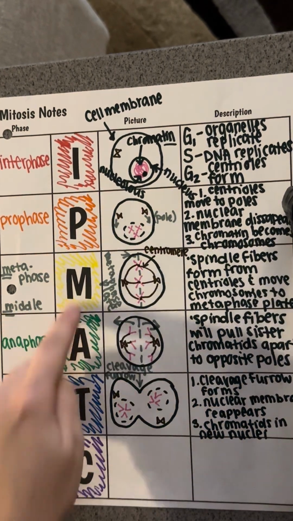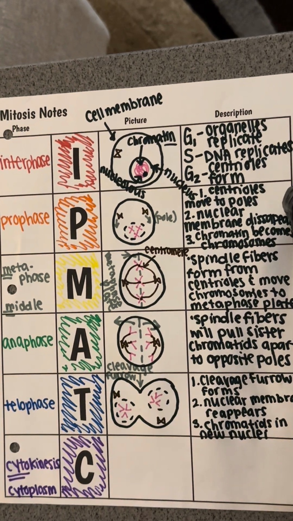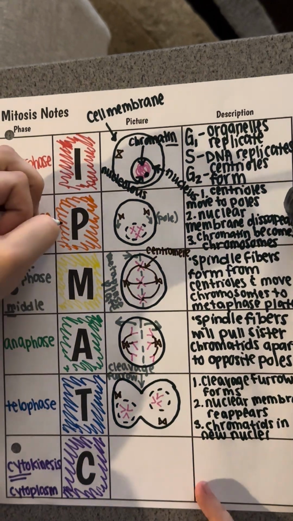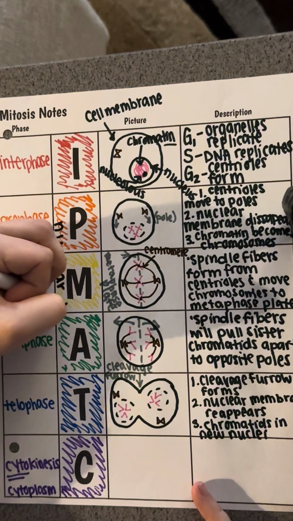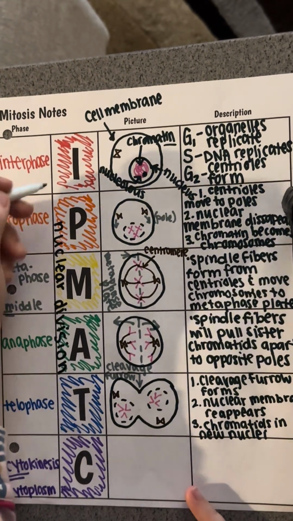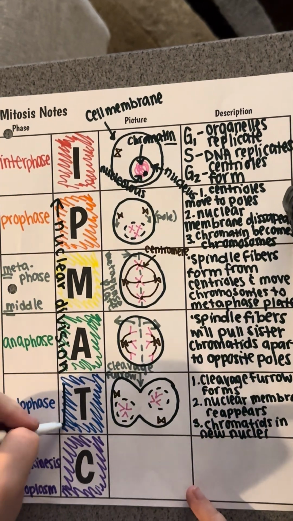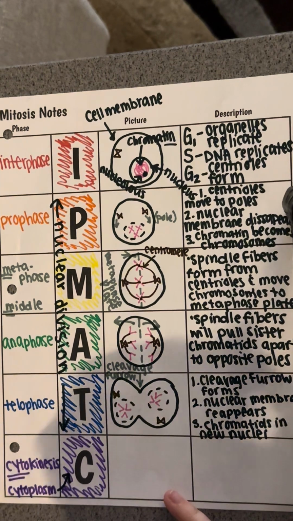So through PMAT, we split the nucleus. If you want, write that down, that this is the nuclear division. The nucleus divides, and this is going to be the cytoplasm division.